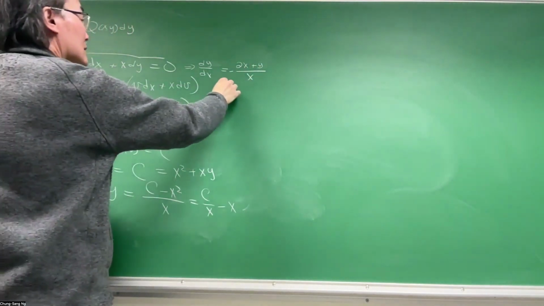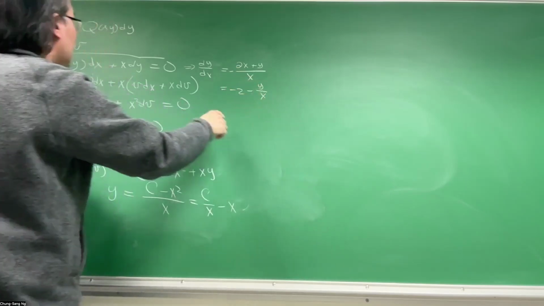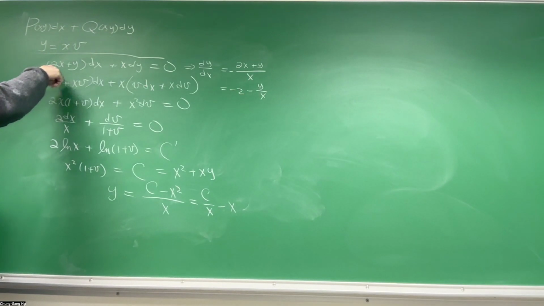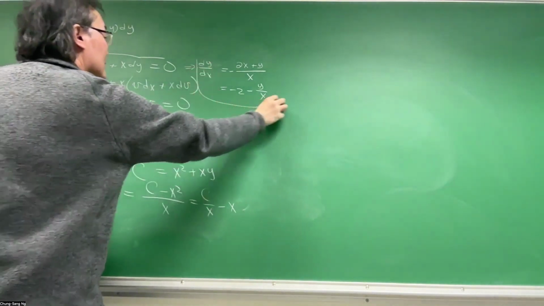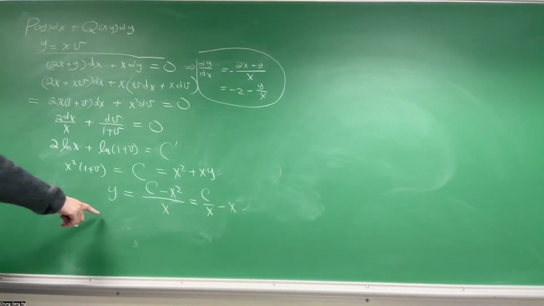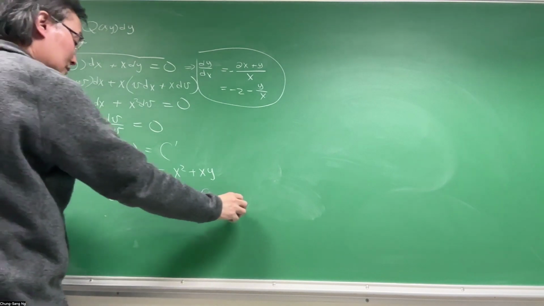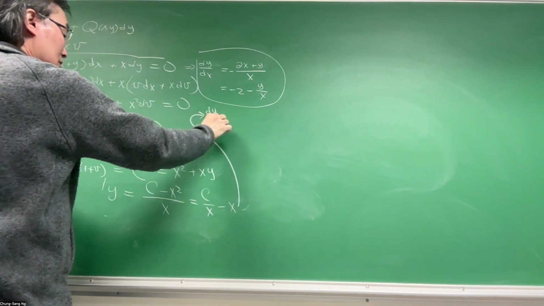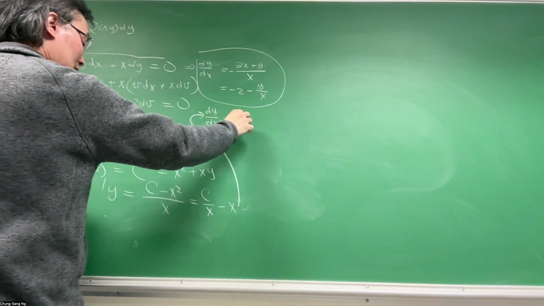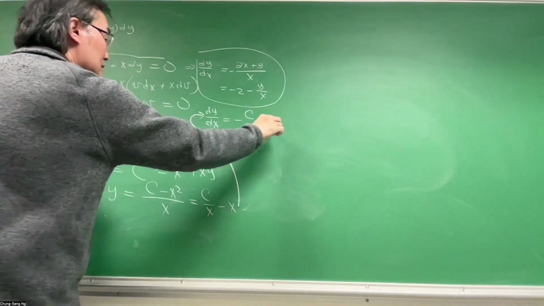So equals minus 2 minus y over x, right? So the original differential equation is this one. You want to check whether that is the case. So by using this, you check that dy dx is just minus c over x squared minus 1.